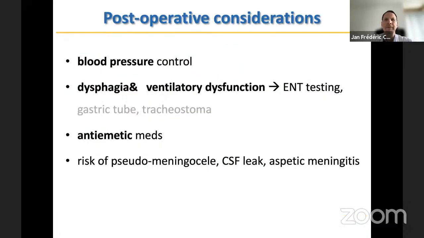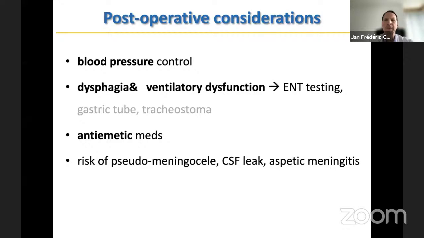So the postoperative considerations, I think it's very important to have good postoperative blood pressure control, because you're operating around the medulla. And then if there was dissection near the floor of the fourth ventricle, you might encounter dysphagia or even ventilatory dysfunction.